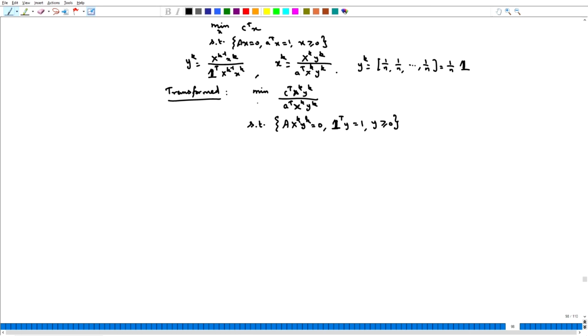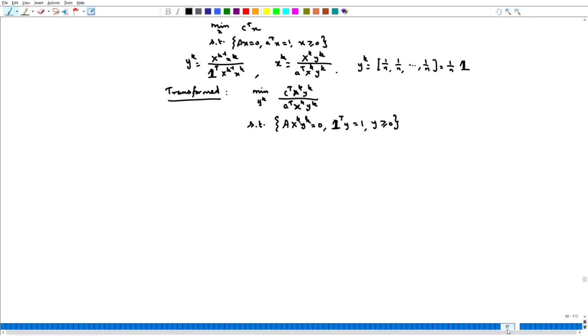This is min with respect to y, and it is linear in the numerator and linear in the denominator. So, this problem is no more a linear programming problem, but we want this to be a linear programming problem.